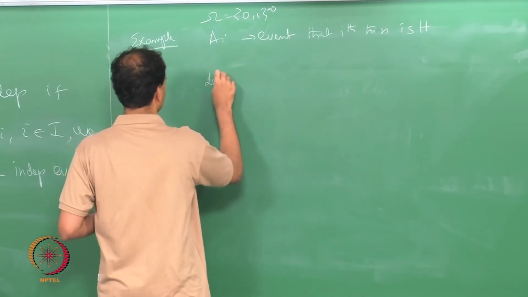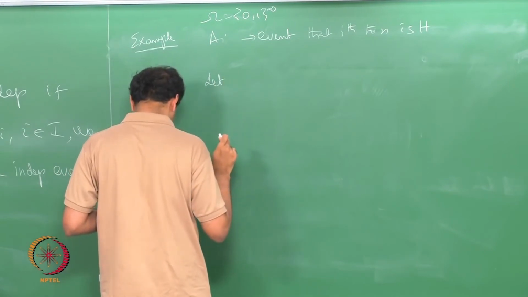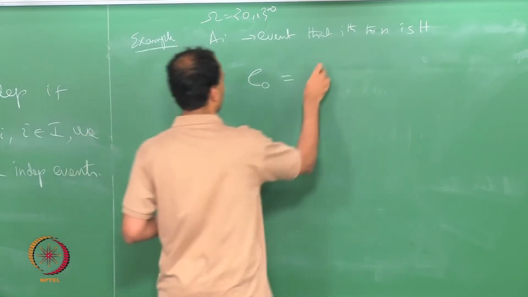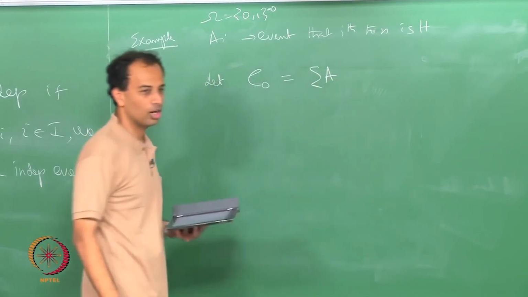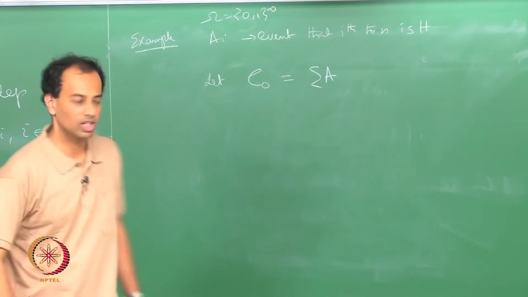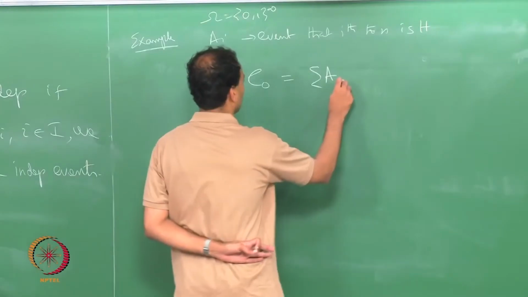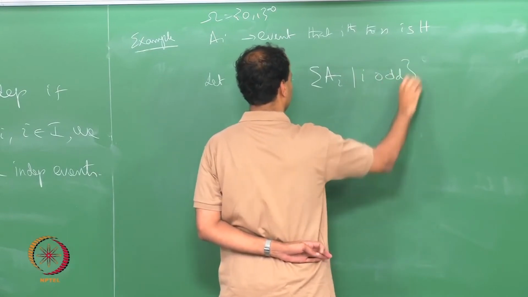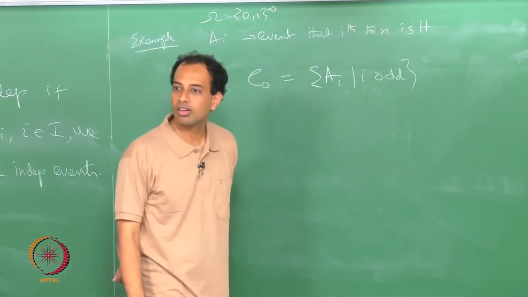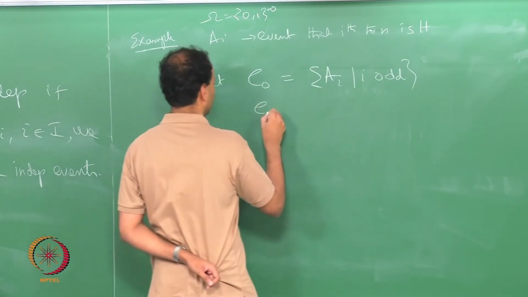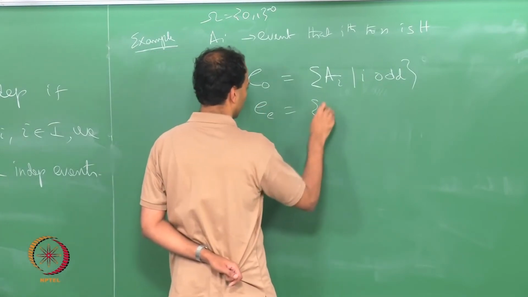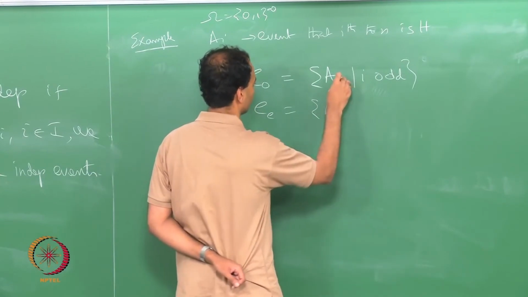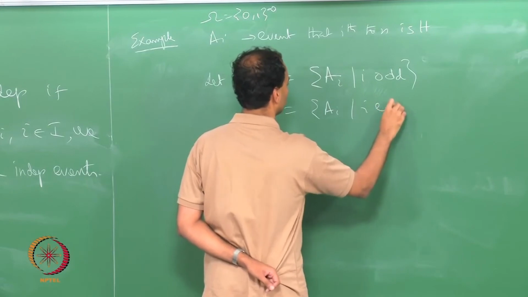Now, let me define C_O to be the collection of all those A_i for which i is odd, and C_E as the A_i for which i is even.